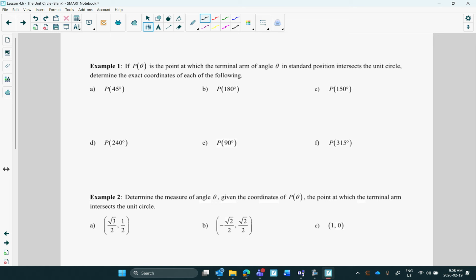So for me, when I see 45 degrees, in my head I'm thinking, oh yeah, the 45 degrees goes in the middle. And that's the one where the 2 numbers are the same. And what are those 2 numbers that are the same? √2/2, comma √2/2.